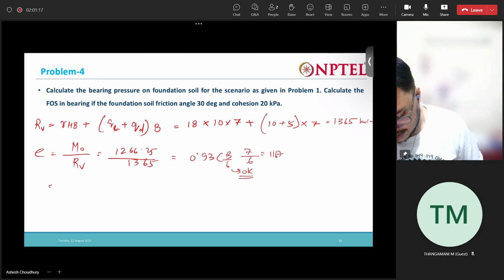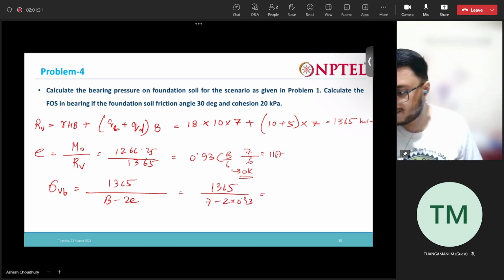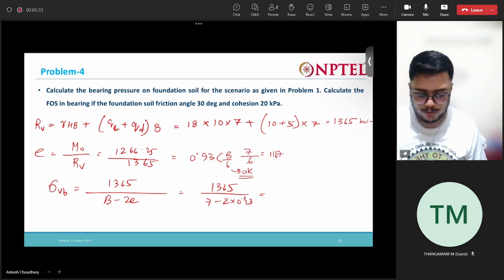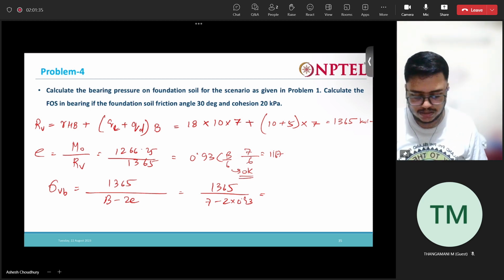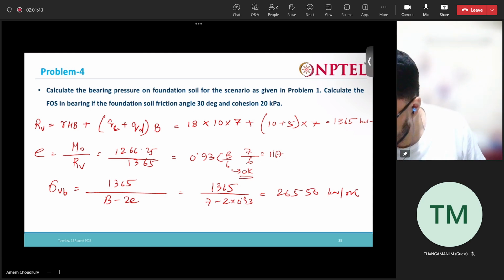Right. Now let us calculate this vertical pressure, 1365 by (B minus 2e). So 1365 divided by (7 minus 2 into 0.93) is 265.56 kilonewton per meter square.